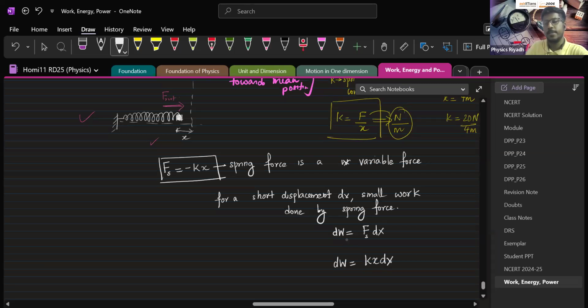That is the small work done in magnitude.